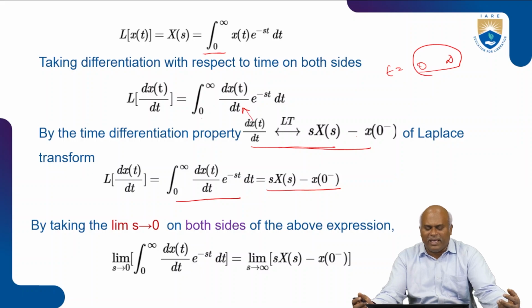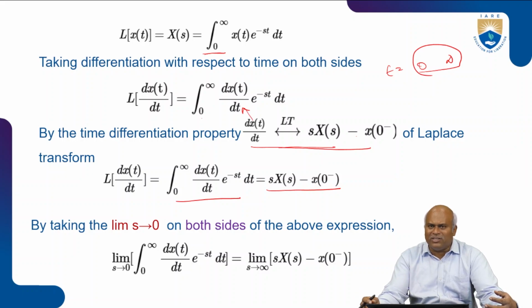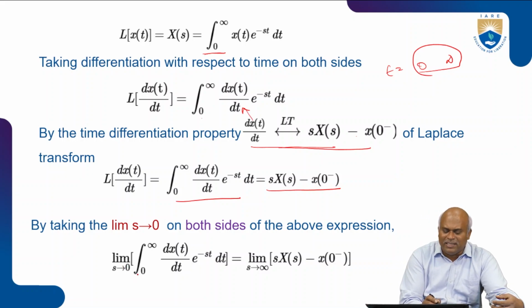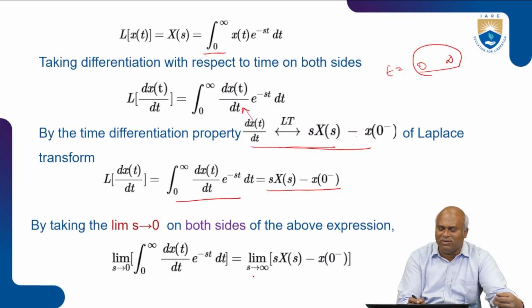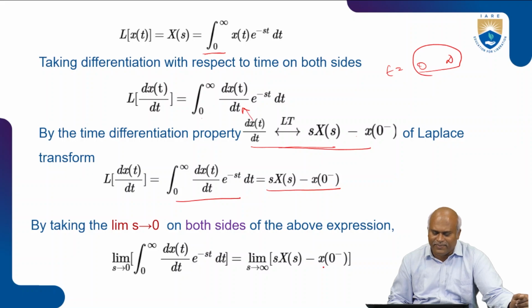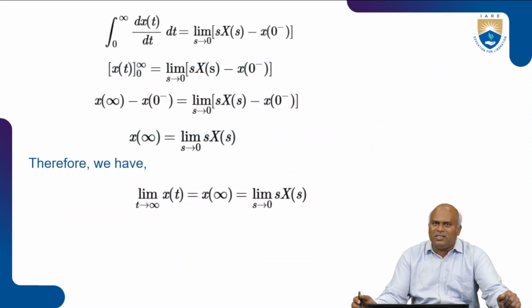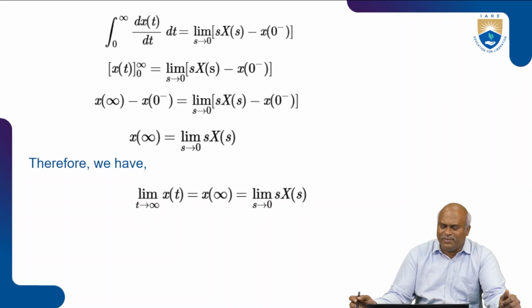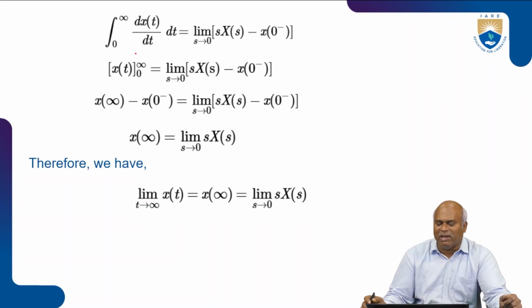Now we should apply the limit s tends to 0 on both sides of the above equation: limit s tends to 0 of the integral from 0 to infinity of d/dt x(t) e^(-st) dt is equal to limit s tends to 0 of s X(s) minus x(0-). So in this integration, the d by dt and the dt are going to cancel.